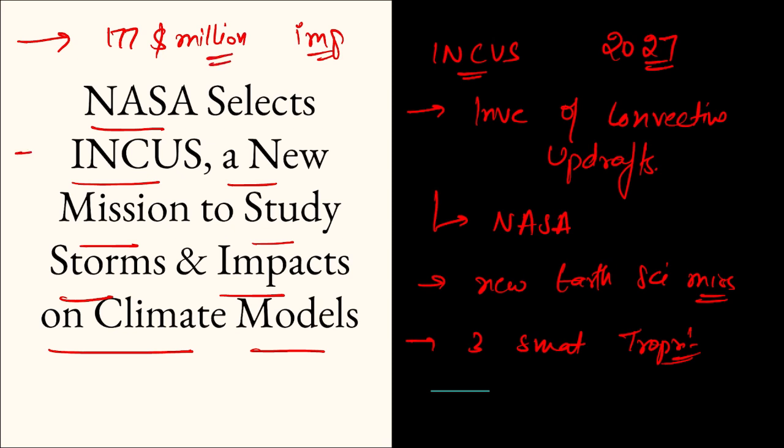Coming back, INCUS, a new mission to study storms and their impacts on the climate models, will be launched by NASA. Full form of INCUS is Investigating Convective Updrafts. This will be launched by the year 2027.